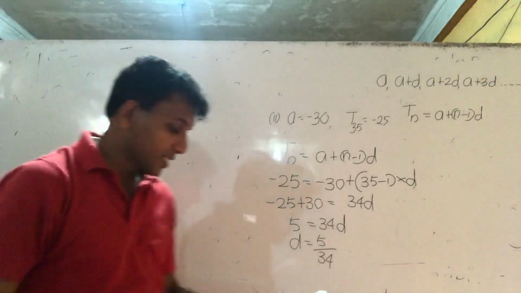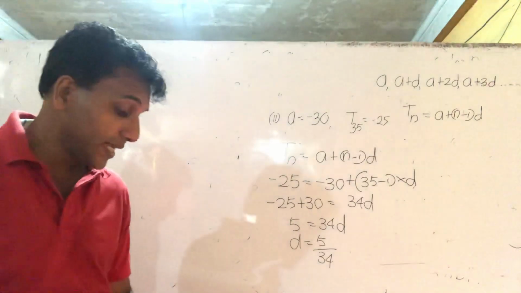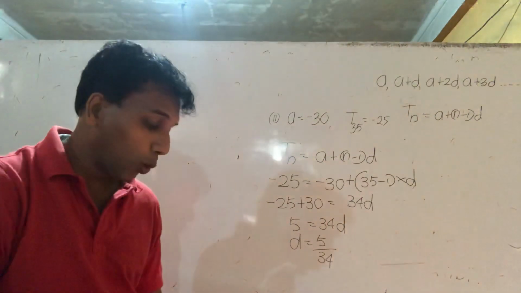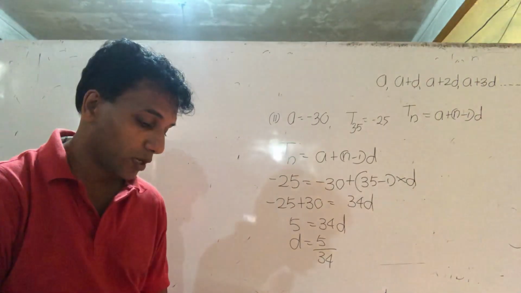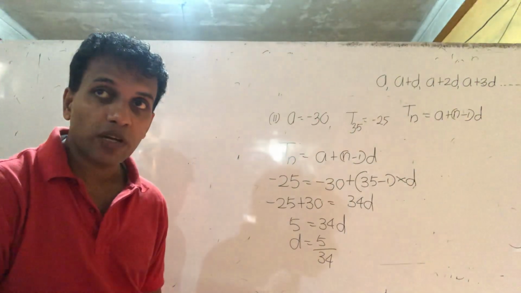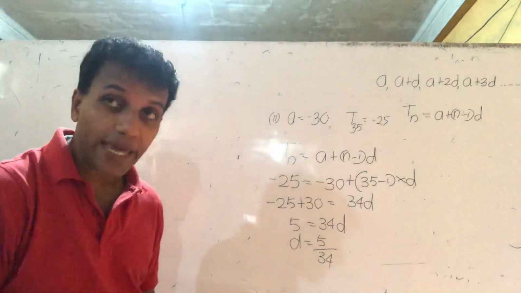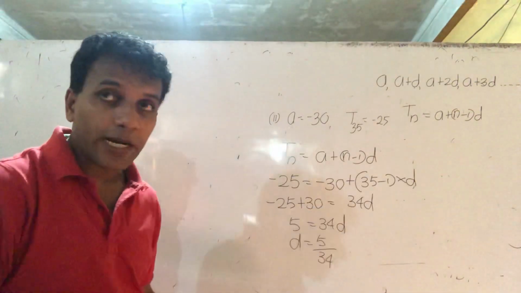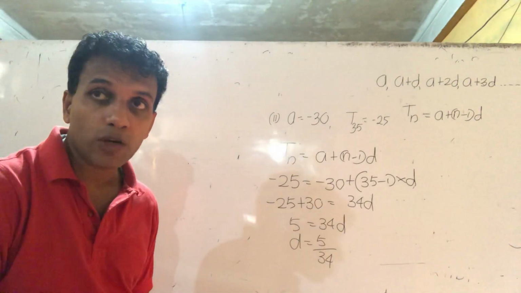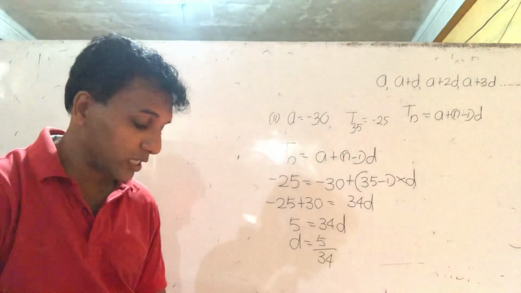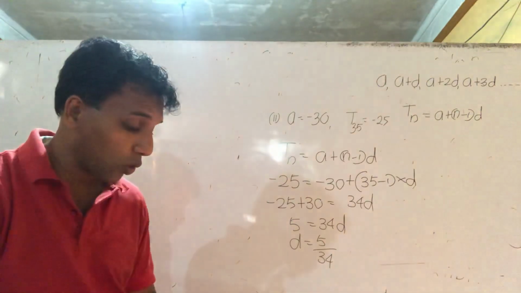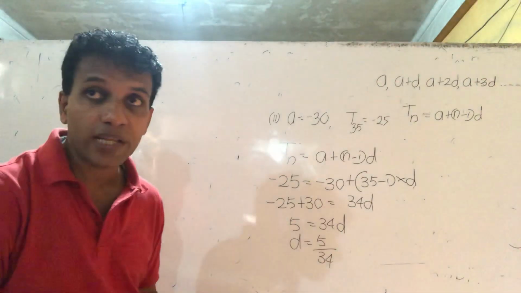Okay, now I will show the next type. There's type C. For each of the following situations, find the number of terms. In the first question I worked, we found the A value. The second type I showed you, find the common difference D value. Now the third type is to find the N value.